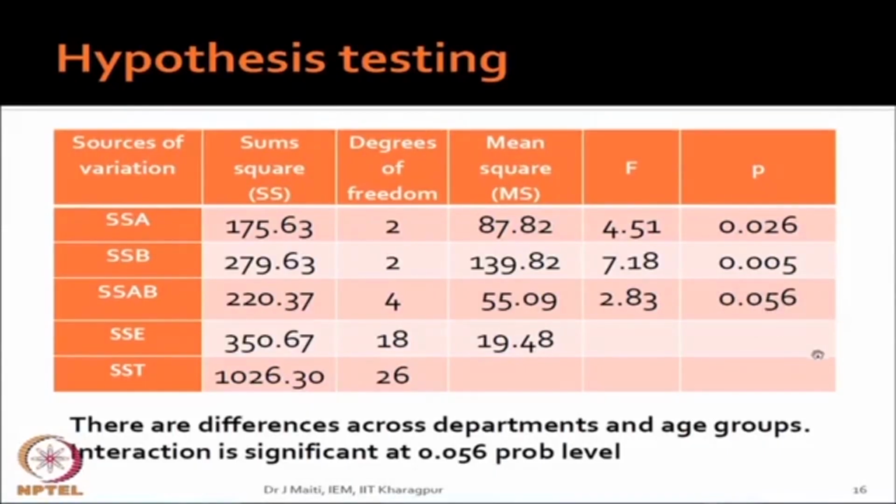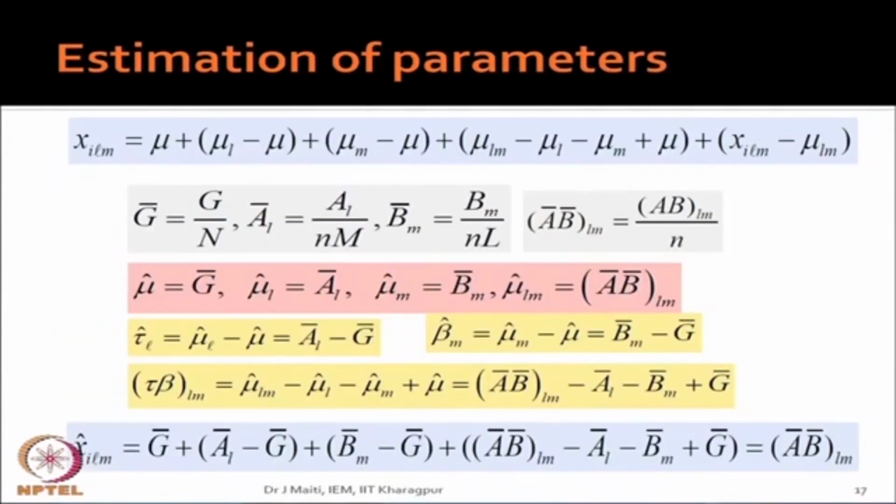Okay. So, there are differences across age groups, there are differences across departments, and the interaction is significant at the 5.6% probability level. Then, we also discussed how you estimate the parameters. These parameters are written clearly here.